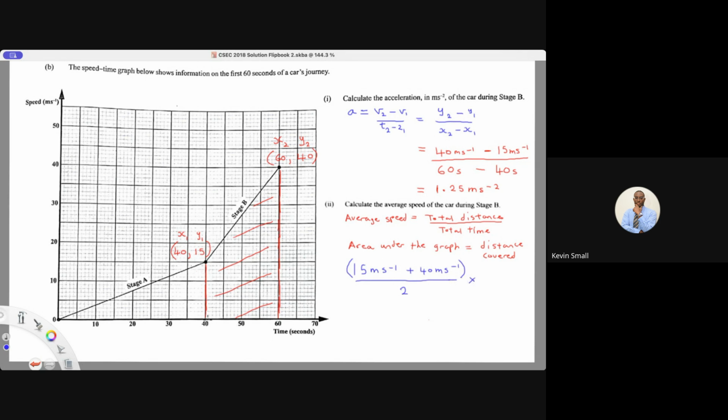Now the perpendicular side is actually down here because this trapezium is on its side. This down here is the perpendicular side to the two parallel lines. So what's this distance from here to here? If someone can tell me what that distance is from 40 to 60. 40 to 60 is how many seconds?